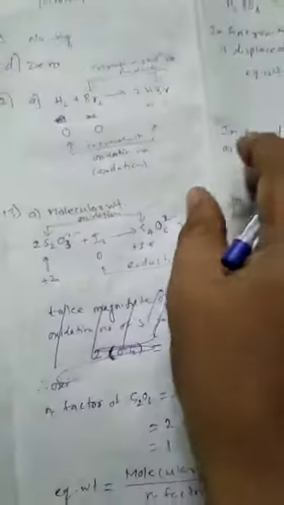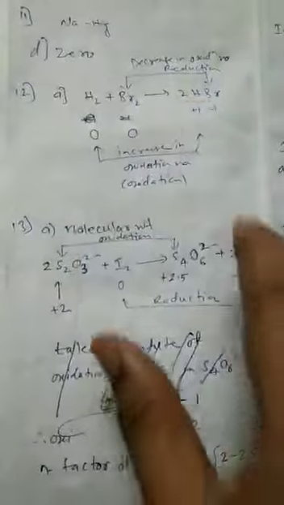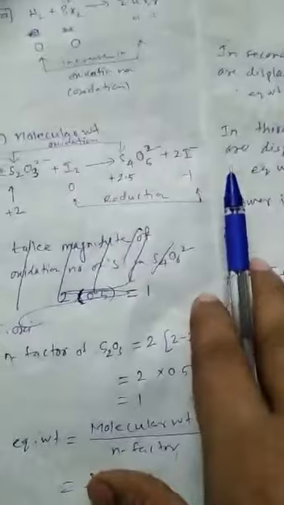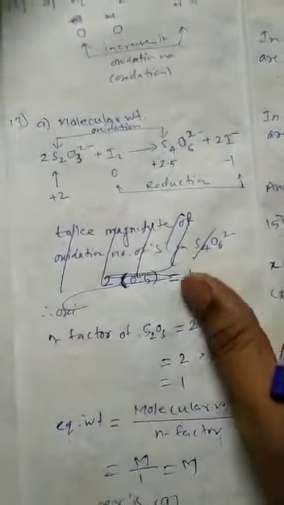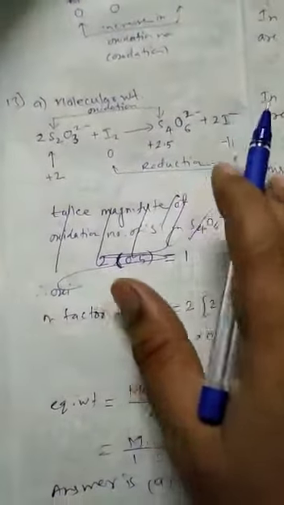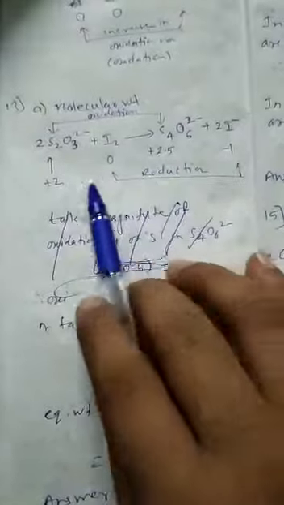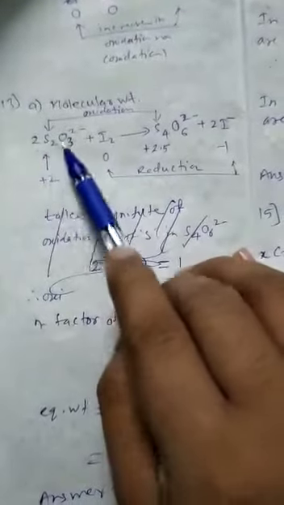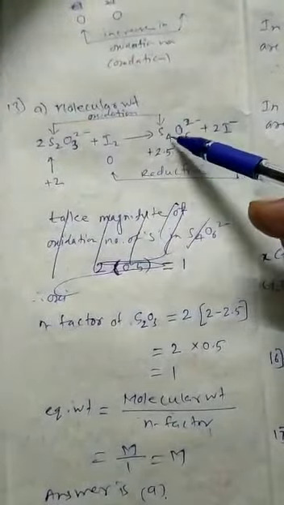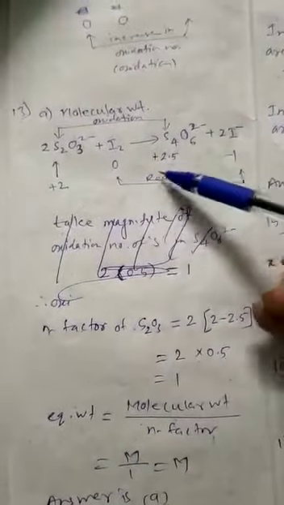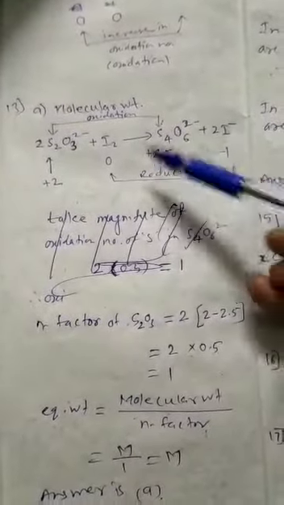Now for question number 13, here the oxidation number of sulfur in S2O3 2- is +2 and in S4O6 2- it is +2.5.